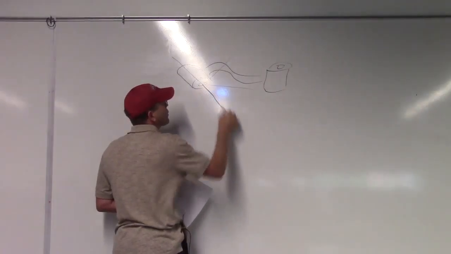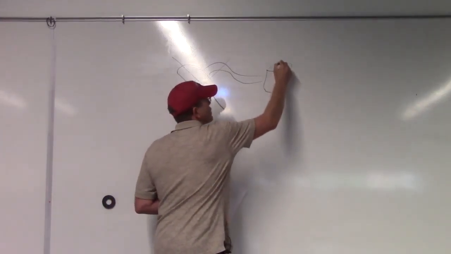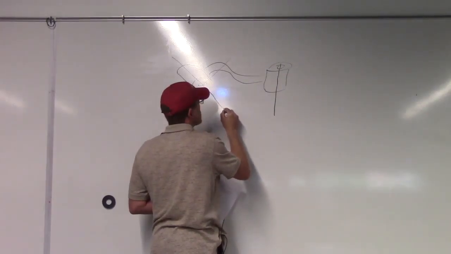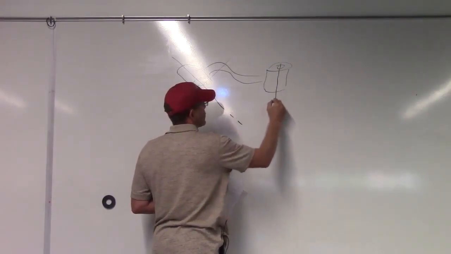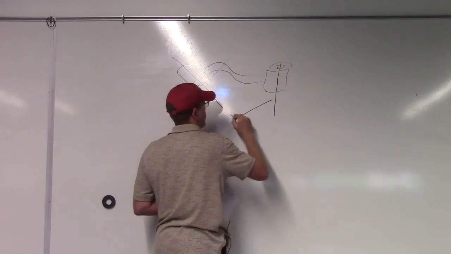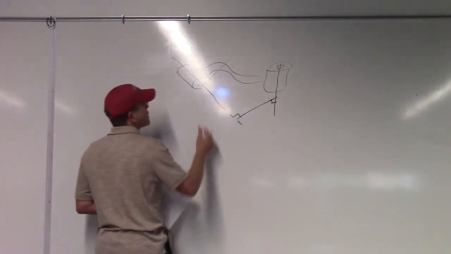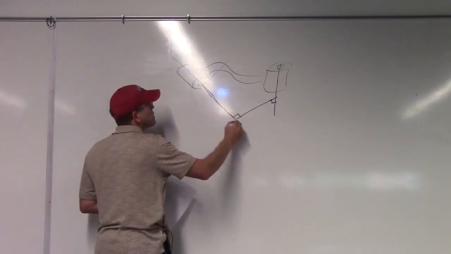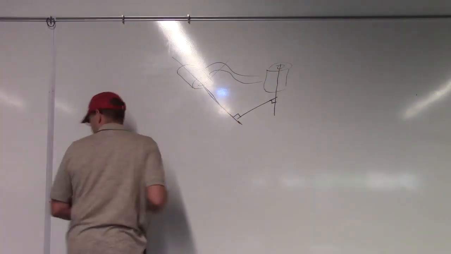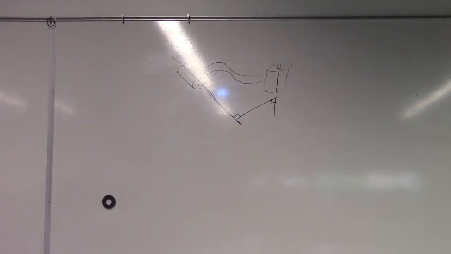I need to go through and actually draw that, extending this on down so I can represent that common normal that would exist there. And get the picture.